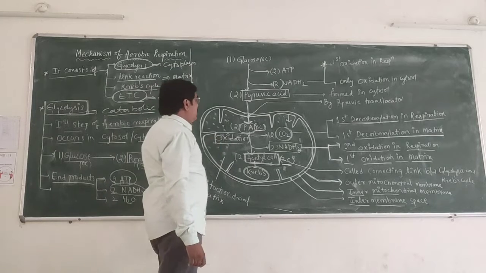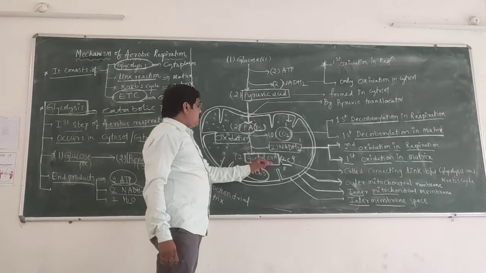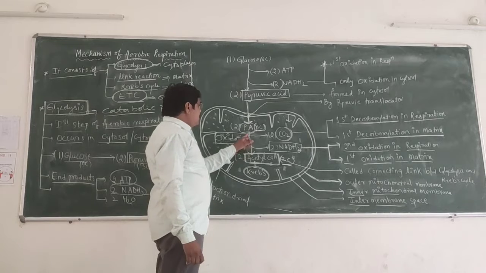In the link reaction, two molecules of pyruvic acid are converted into acetyl-CoA, by oxidative decarboxylation.